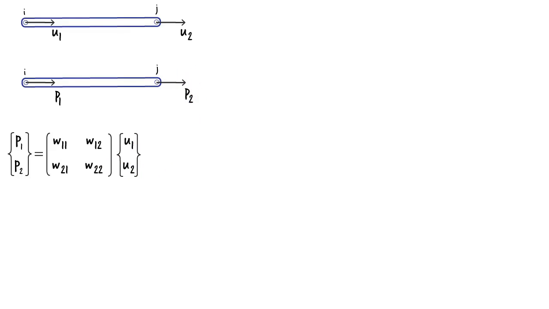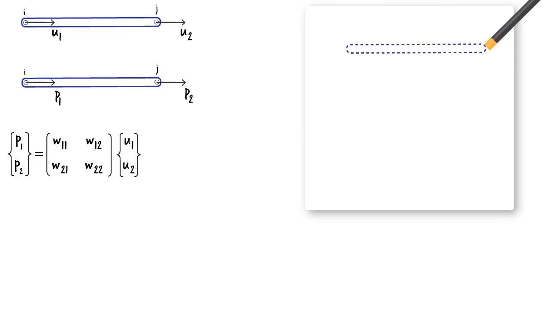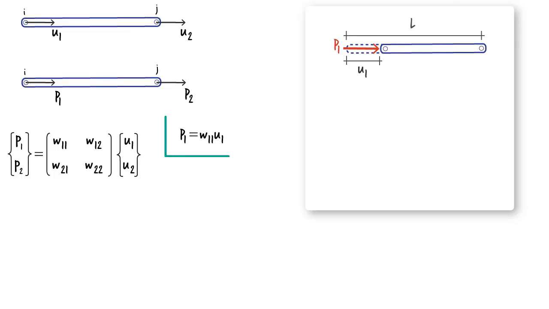From the previous lecture, we can recall that W11 is the stiffness coefficient for the force displacement pair P1U1. This means if the bar is displaced axially by distance U1 while U2 is 0, an axial force of P1 results. This force equals U1 times W11.